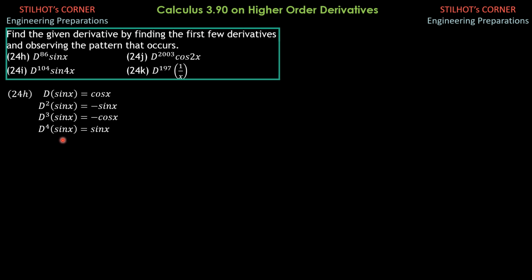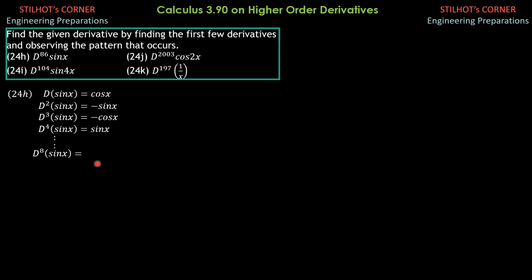And of course, the fifth derivative will go back to cosine x. So the fourth derivative is sine x, the eighth derivative is also sine x, the 12th derivative is also sine x. So in general, the nth derivative, as long as n is divisible by 4, is sine x.